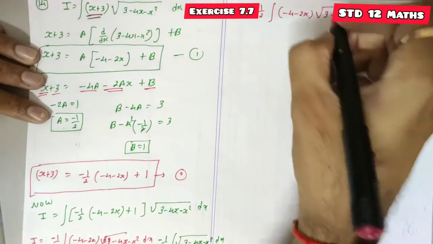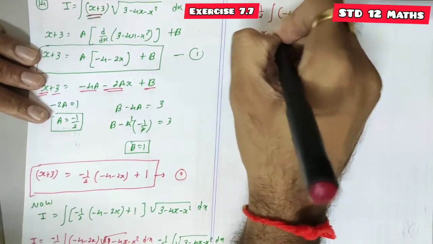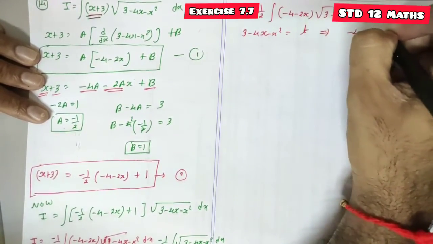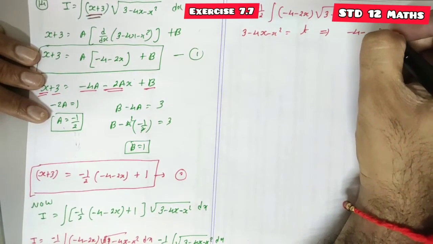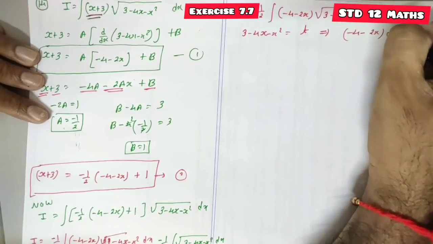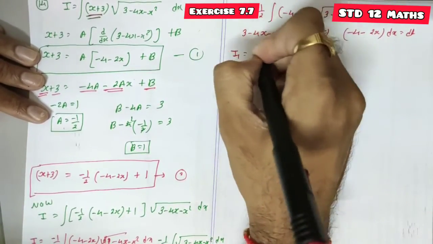Simple. What you have to do? Taking 3 minus 4x minus x square equal to t, and therefore we are getting minus 4 minus 2x dx equal to dt.